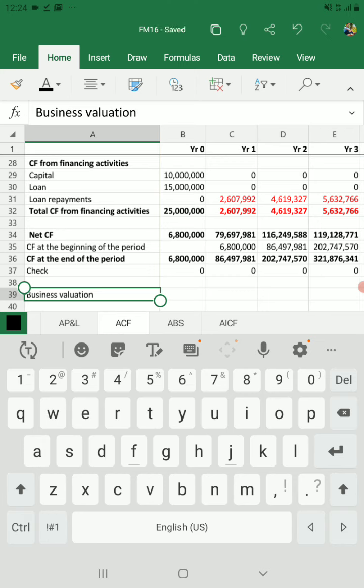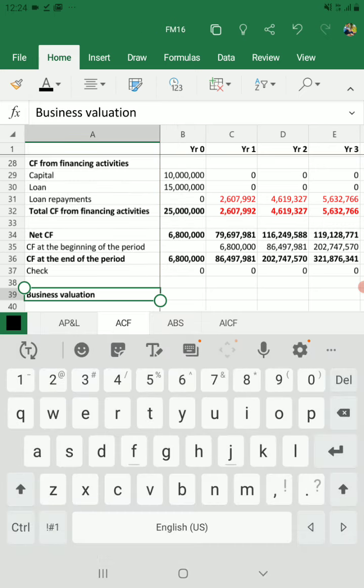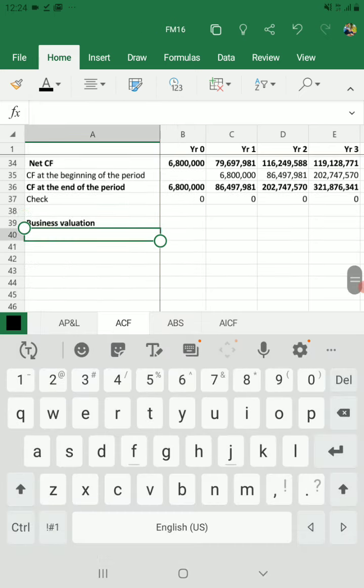Let me bold this. Okay, so to do business valuation, we need to compute the cash flow that will be used for that purpose.